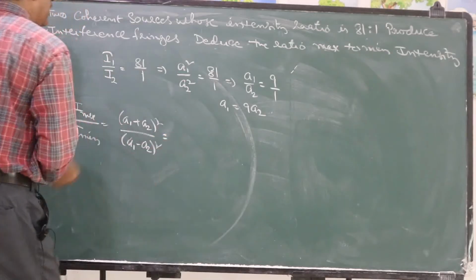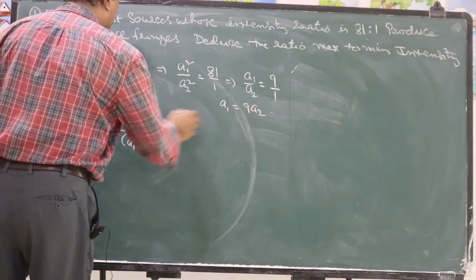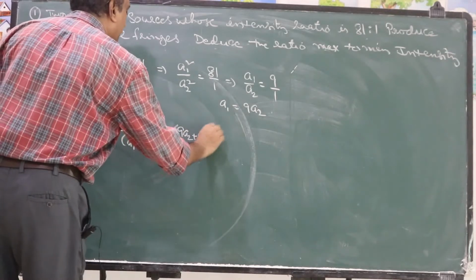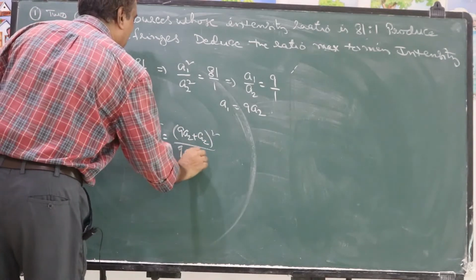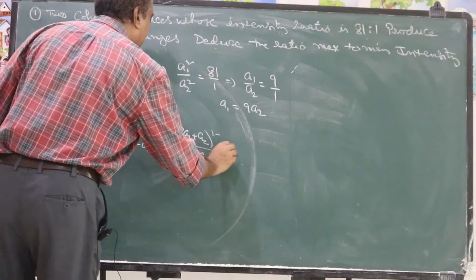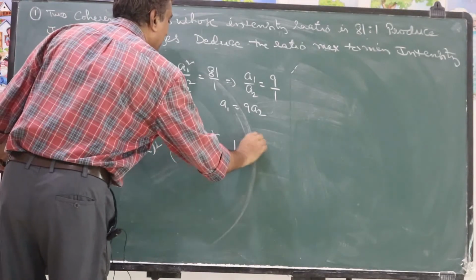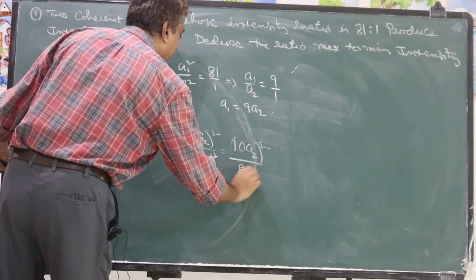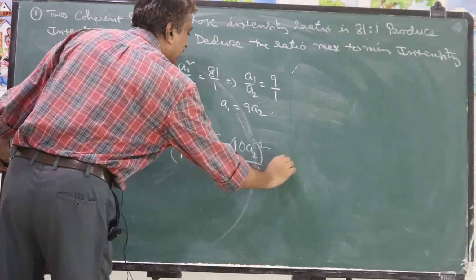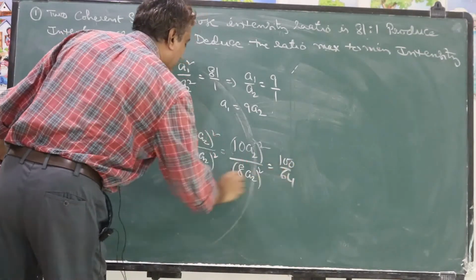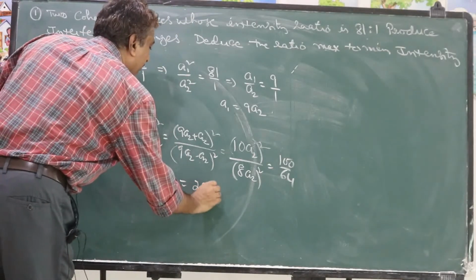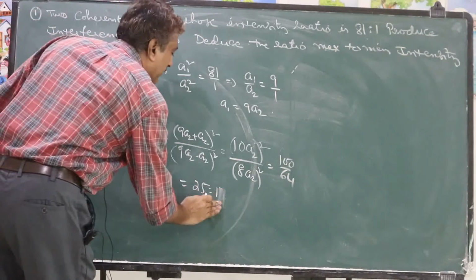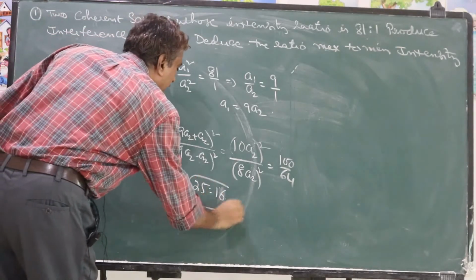Here we can substitute 9A2 plus A2 whole square by 9A2 minus A2 whole square. That is (10A2) whole square by (8A2) whole square. That is 100 by 64, and that is 25 by 16, sorry. 25:16.